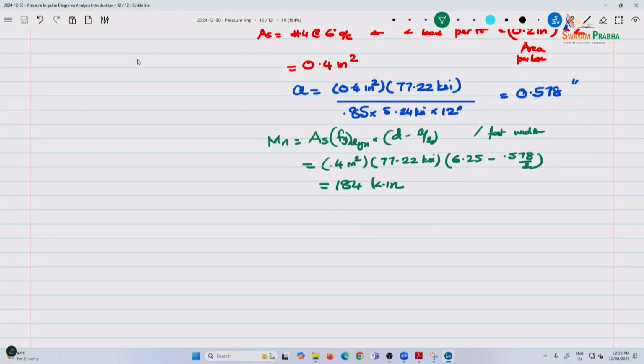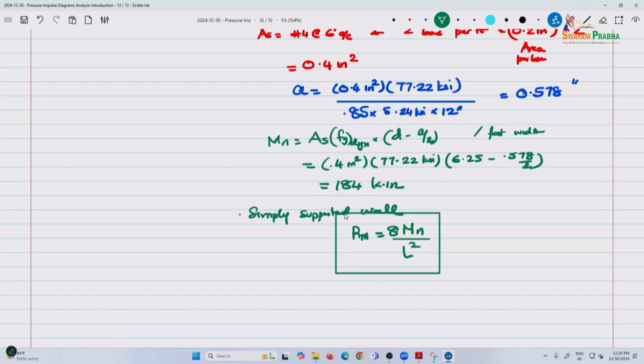Anyway, you can calculate your moments by the procedures that are adopted here. So it's a simply supported wall. Therefore, Rm is equal to 8 Mn divided by L, notice the phi is 1.